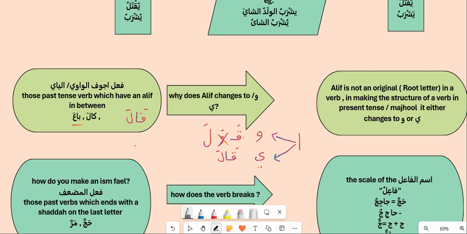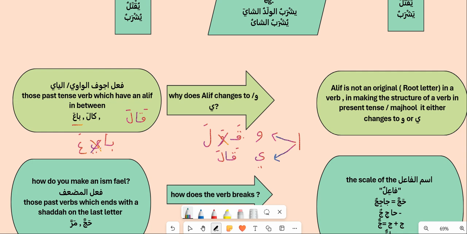You will see this in making it into a majhul: ba'a is changed into ba, ya, a. So the original root letters for ba'a are ba, ya, and a. Similarly, the Arabs removed the ya and gave an alif, and baya'a became ba'a. So the original root letter was ya.